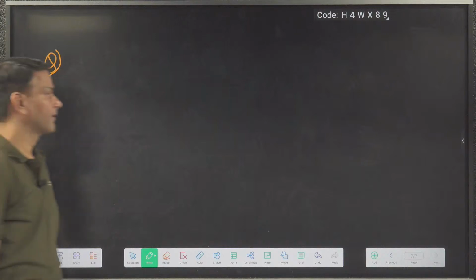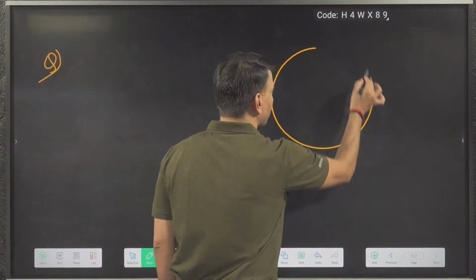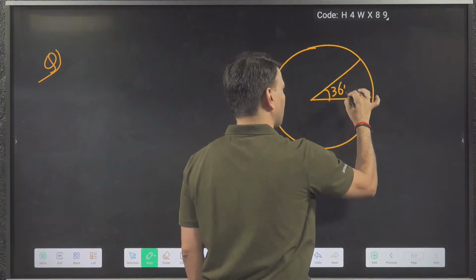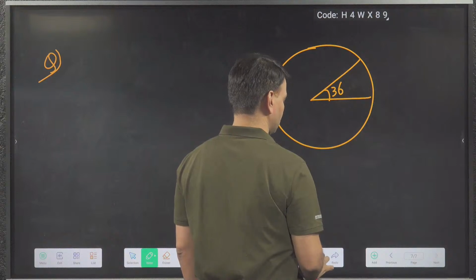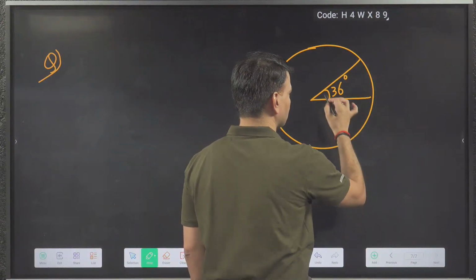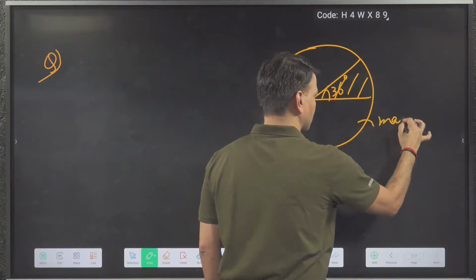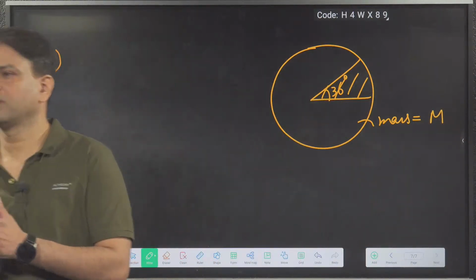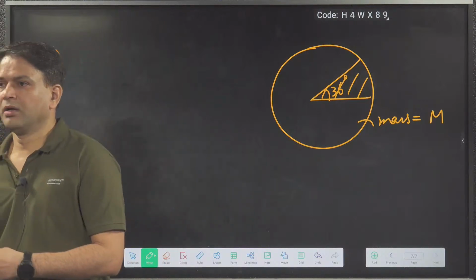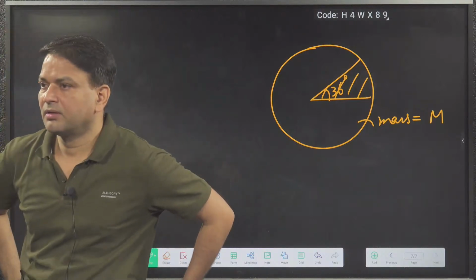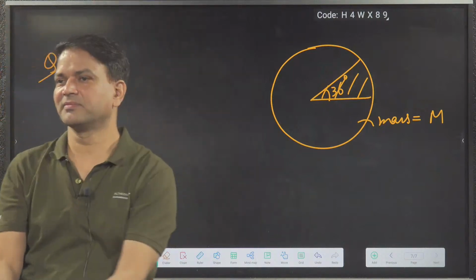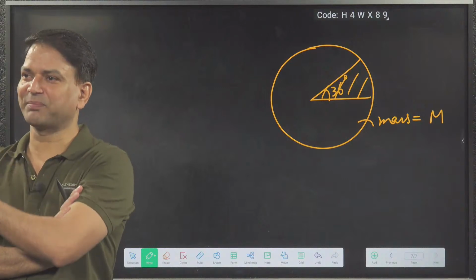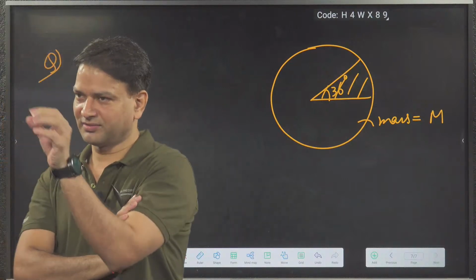Now one small question you will say. Here suppose I have one pizza of mass capital M. From that pizza I am cutting one slice, that is shaded.